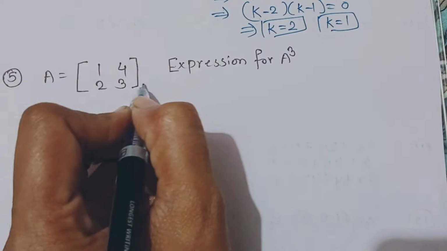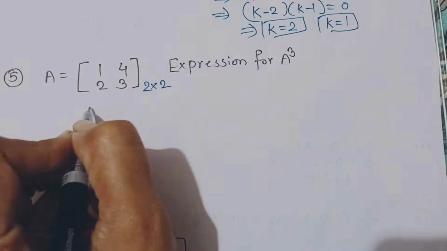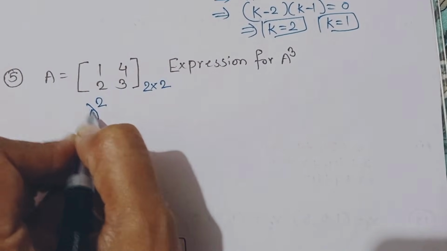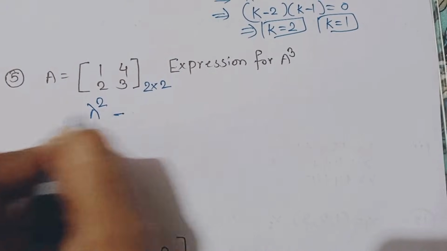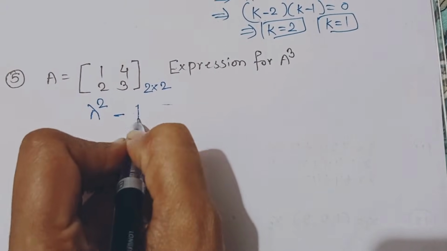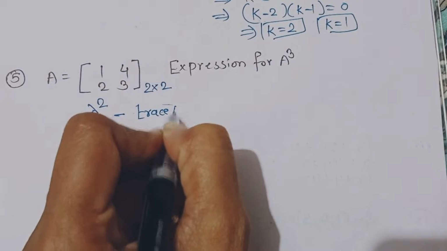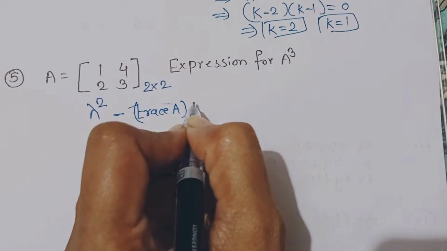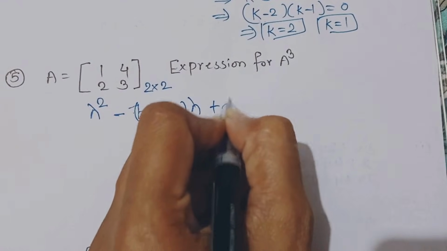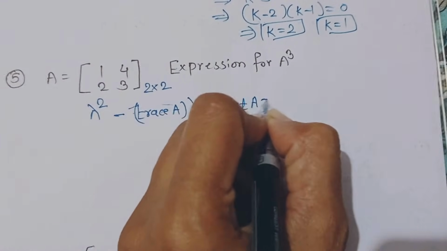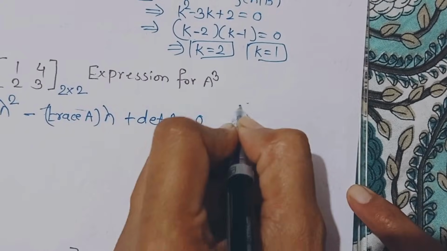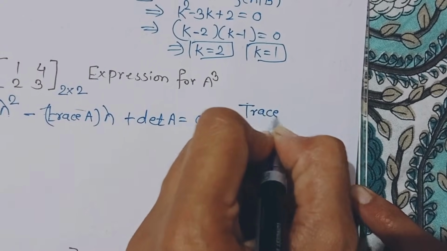For a 2 by 2 matrix A, the characteristic polynomial is lambda square minus trace of A into lambda plus determinant of A is equal to 0. What is trace? Trace is the sum of the diagonal values.